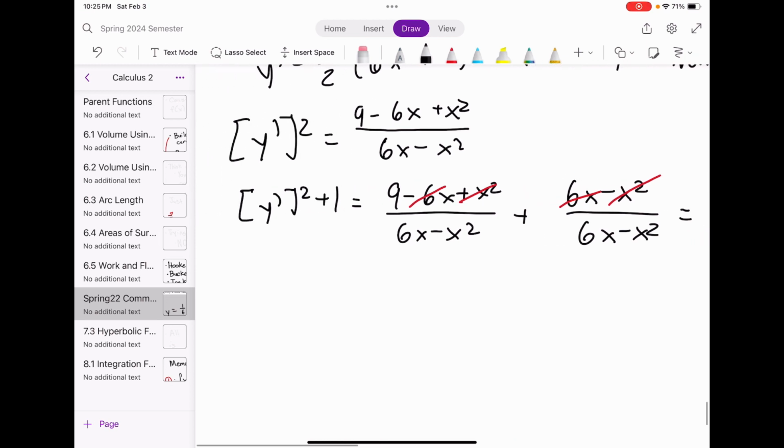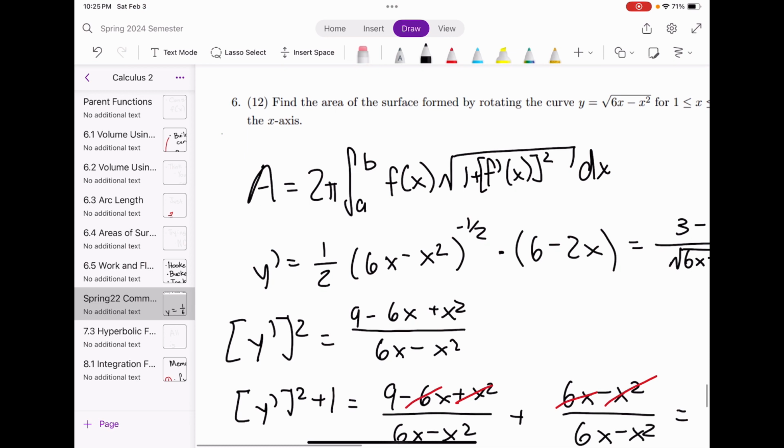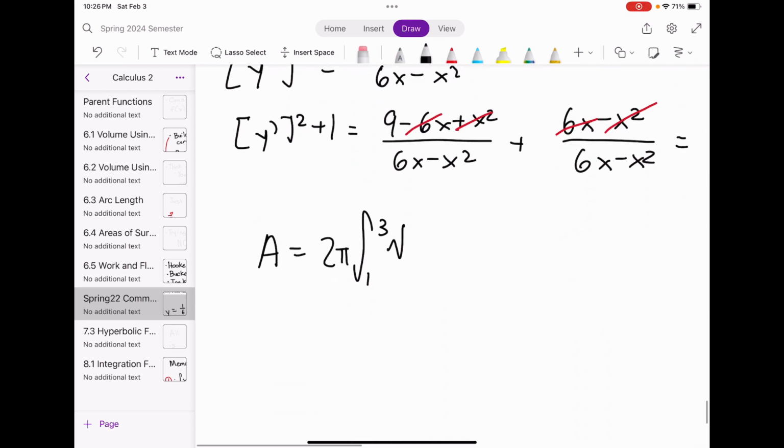So back to our equation, area is equal to 2 pi, the integral from 1 to 3 of f of x, which is square root of 6x minus x squared, times the square root of 9 over 6x minus x squared.